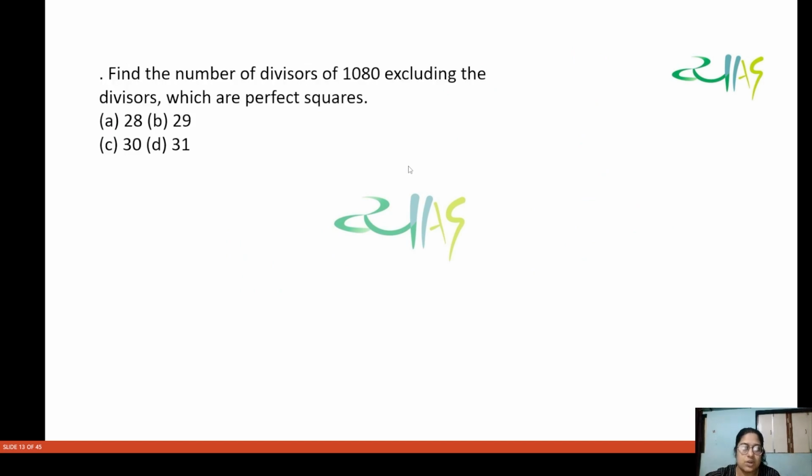Next, let's move on to another concept. It is saying find the number of divisors of 1080 excluding the divisors which are perfect square. So let's see how we can do this. So this is 1080.